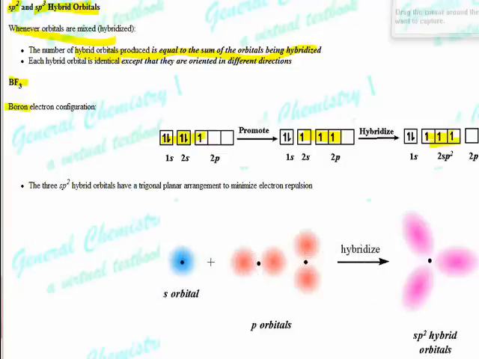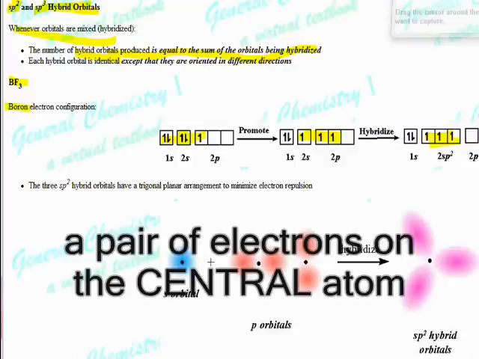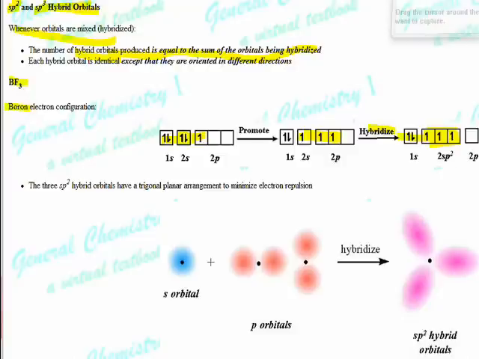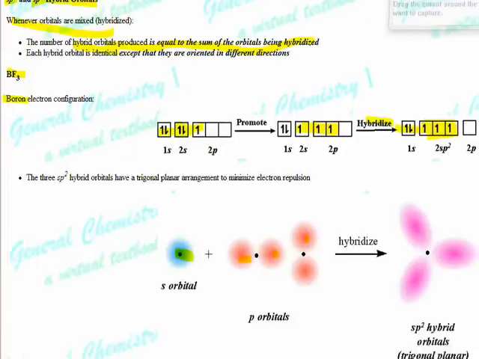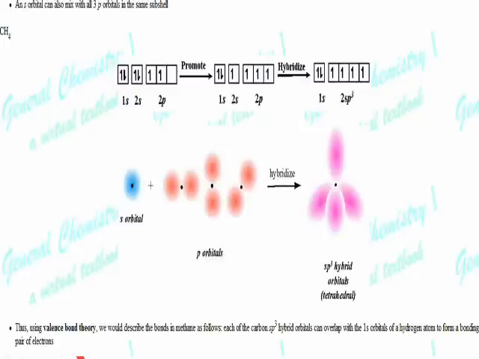And we have a 2s, 2p2 orbital that is hybridized. Now this is ready to bond with the 3 fluorines. So we have the s orbital here and the p orbitals, they hybridize, and we get an sp2 hybrid orbital, trigonal planar.